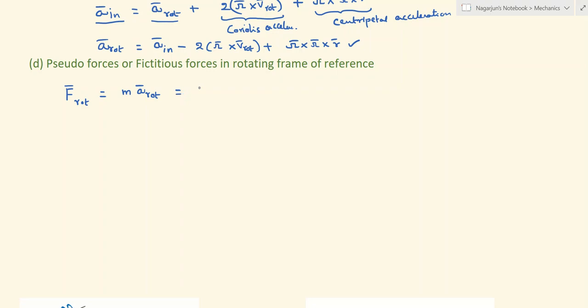So this is equal to m into a bar in minus 2m omega bar cross v bar rotation minus, a little excuse here, this is minus here, minus m into omega bar cross omega bar cross r bar.